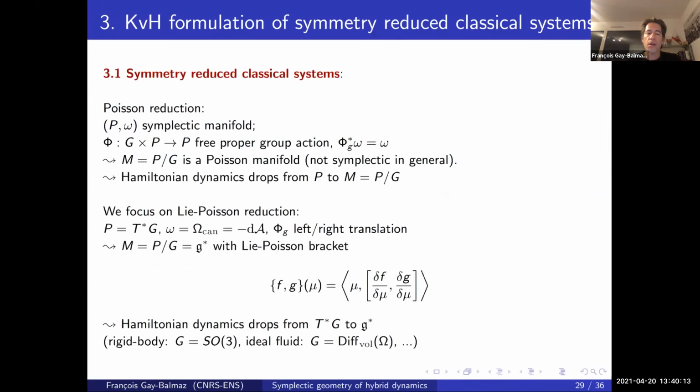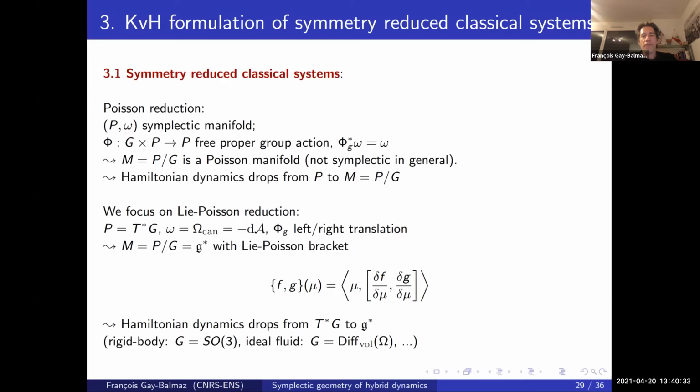Okay, so this closes what I wanted to say about the hybrid wave equation. Now, if time permits, I planned to also very briefly comment on some recent progress we made using this geometry.